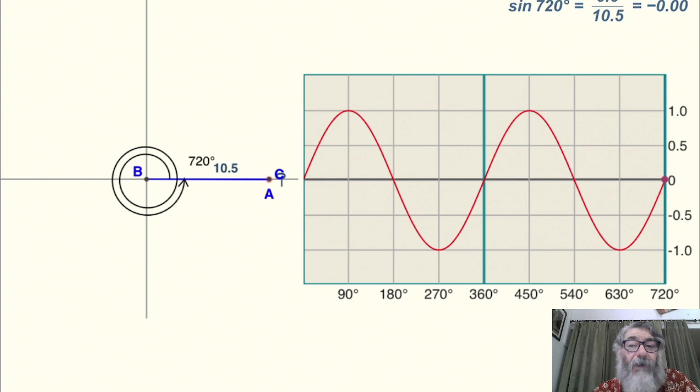Range is along the y-axis, -1 to +1. So sine can have minimum value -1, maximum value 1. That means it can have a value between -1 and +1, not below -1 and not above 1. Is that clear? That is very important for you to remember.